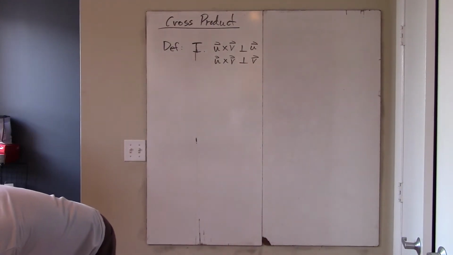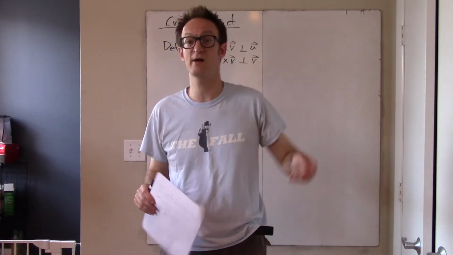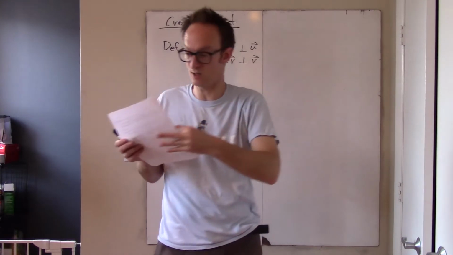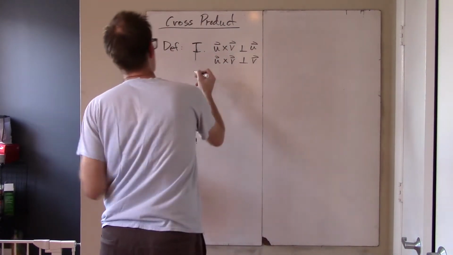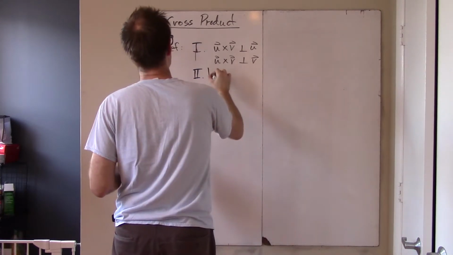Of course that's not enough of a description because there are an infinite number of vectors which are perpendicular. So you need to tell me something about the magnitude. And the magnitude goes like this.